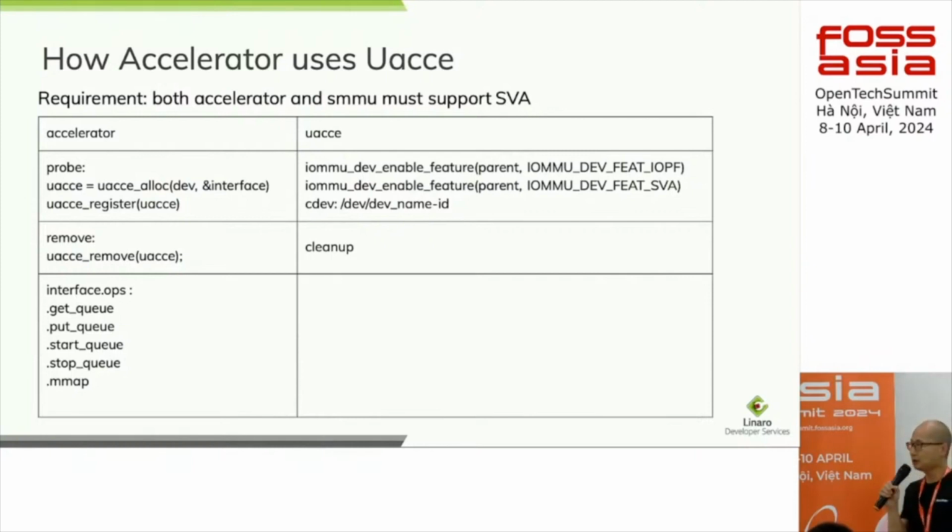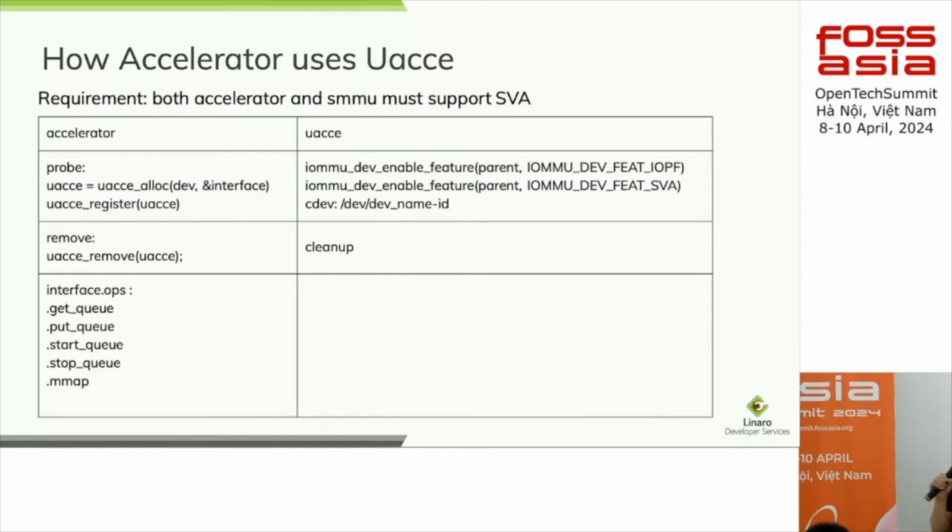This is how the accelerator uses UACCE. In the accelerator driver, in the probe process, it has to allocate UACCE and then register to UACCE. UACCE uses the IOMMU feature to enable the IOPF feature and SVA feature.